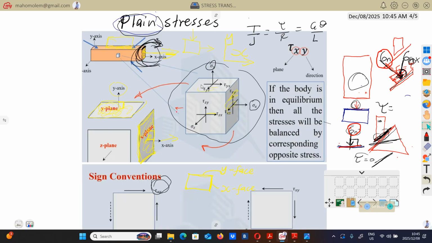So I'm talking about these stresses here. And the stress that acts here, remember we call it the stress on the Y phase. The stress that will act here, we call it the stress on the X phase.